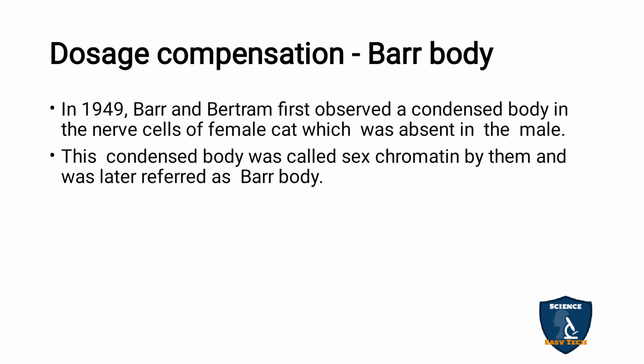Dosage compensation, Barr body. In 1949, Barr and Bertram first observed a condensed body in the nerve cells of the female cat, but it is absent in the male cat. The condensed body is called chromatin, and later it was named the Barr body.